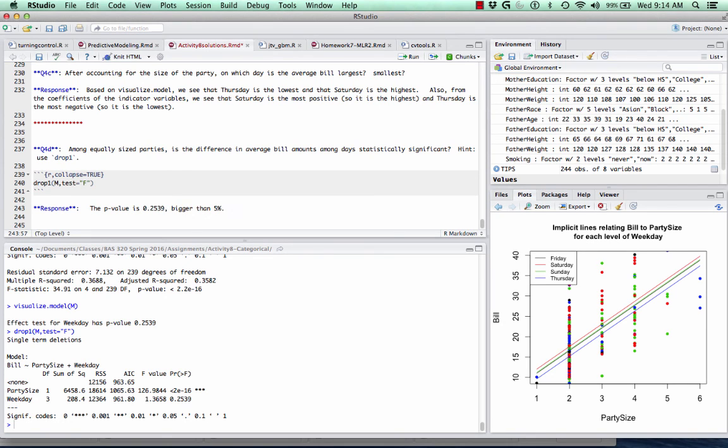So our conclusion is that there is no statistically significant difference in average bill amounts between days of the week after we account for party size. So the difference in average bill amounts is not statistically significant after we account for differences in party size. All right, there we go.